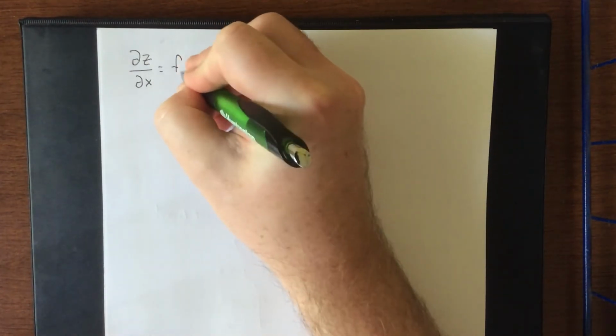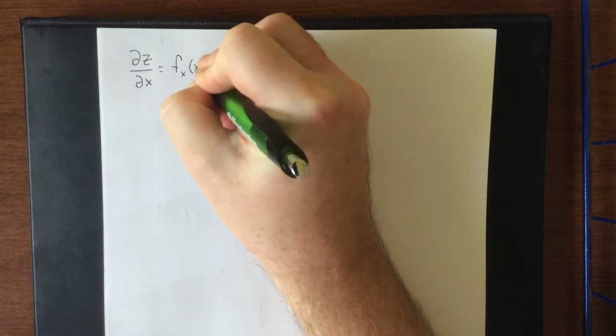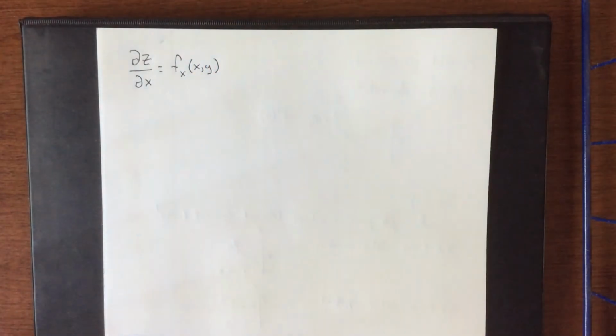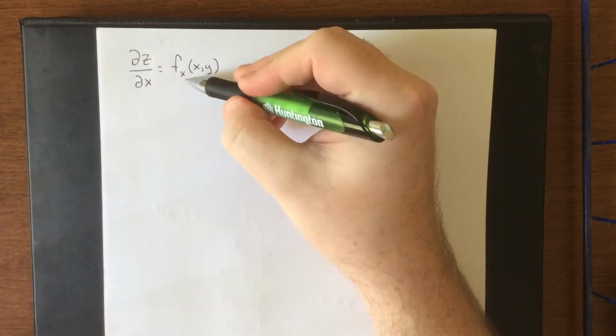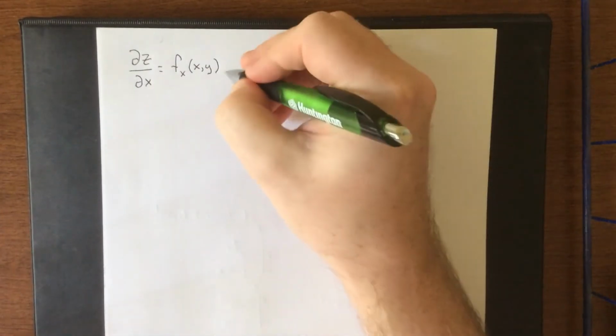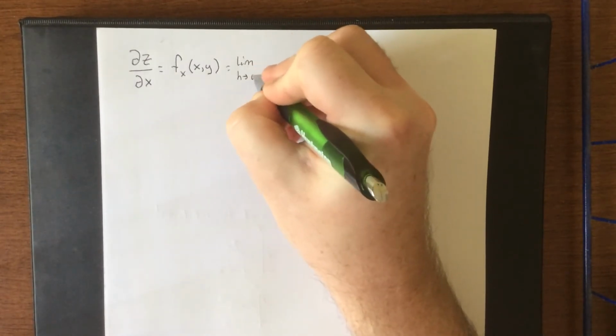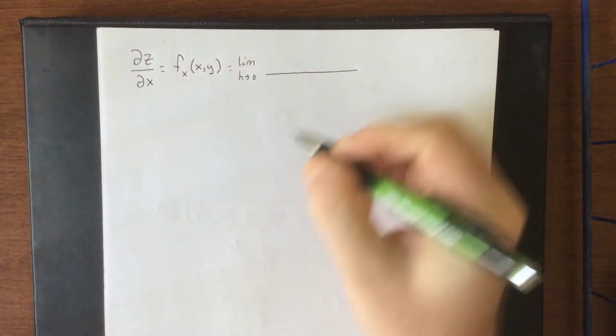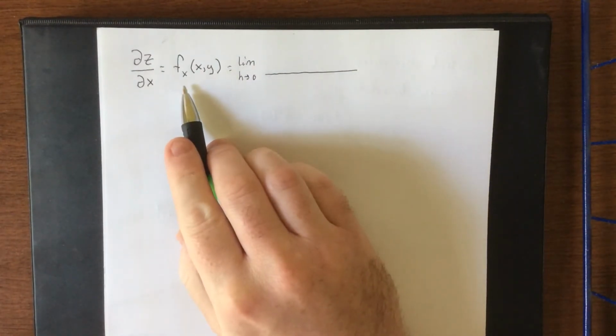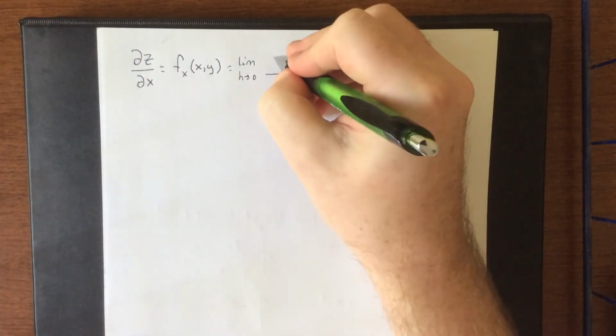The other definition of a partial derivative that you would see is the following. That is the partial derivative of f with respect to x, and we'll treat it as a function of x, y. This is going to be equal to the limit as h goes to 0 of the difference quotient. X is going to be treated as your variable, y is going to be treated as a constant.